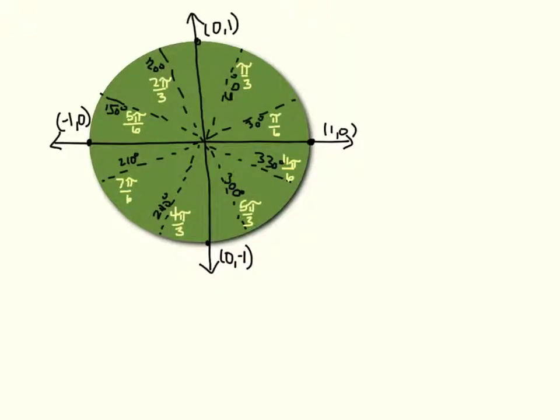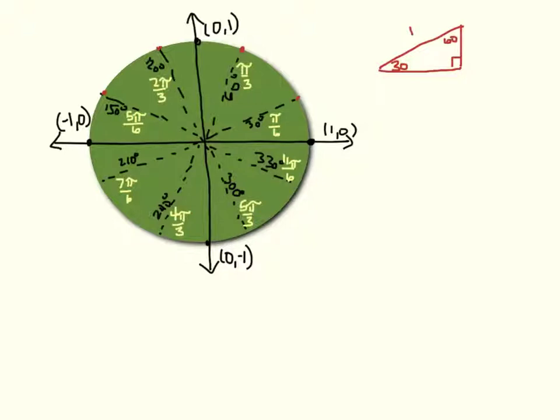Now what we're interested in is finding these points on the circle. So we're going to bring out this triangle to try to figure out the point. Looking at this triangle, this 30 degree, if I pull that out to the side, the radius is 1, so this hypotenuse is 1. This is 30 degrees, and I'm going to drop a 90 degree angle. So this is a 30, 60, 90 triangle.